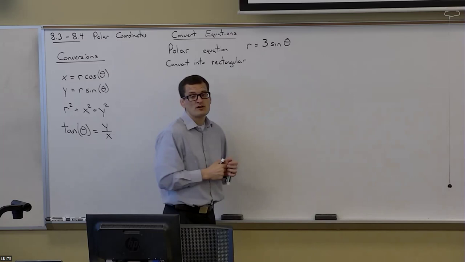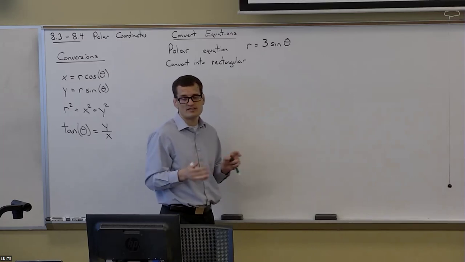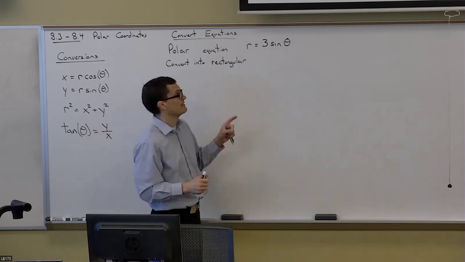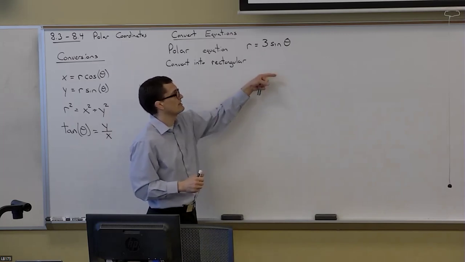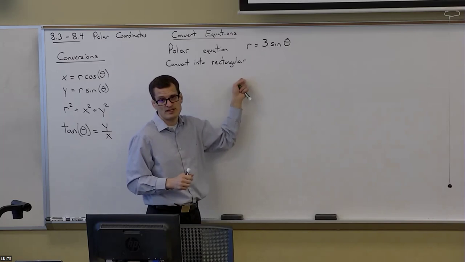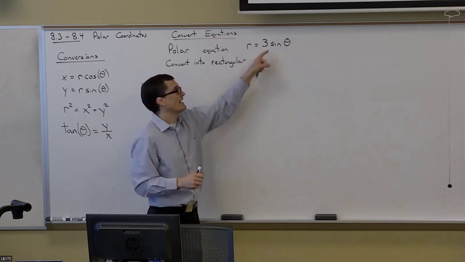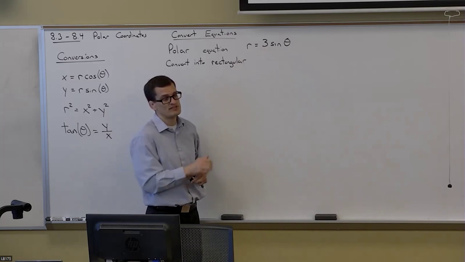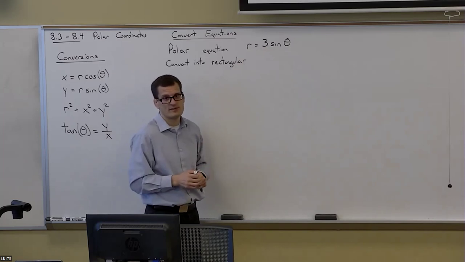Now, in the first one, remember, I like to get the r and the sine together or the r and the cosine together. The first one, we're using cosine. Cosine was in the denominator, so I can multiply both sides by cosine. I can't multiply both sides by sine here because that would give me sine squared on the right-hand side.